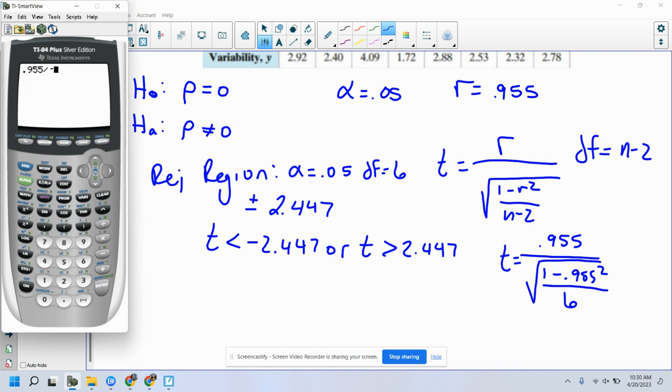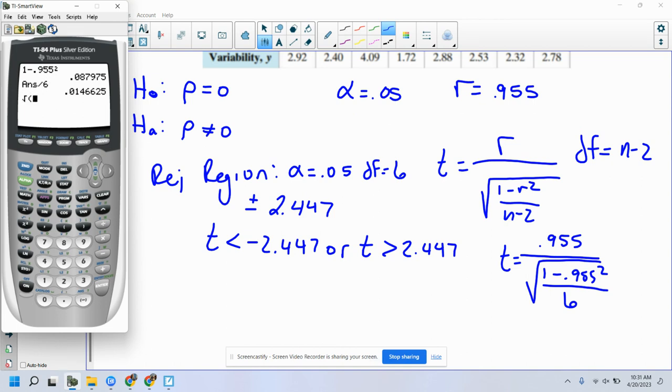Whoa. Is that what you guys got? Yikes, that's giant, isn't it? Let me just do that again. 1 minus 0.955 squared, divided by 6.